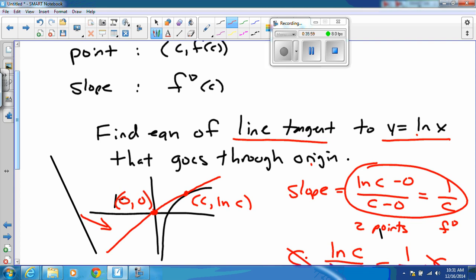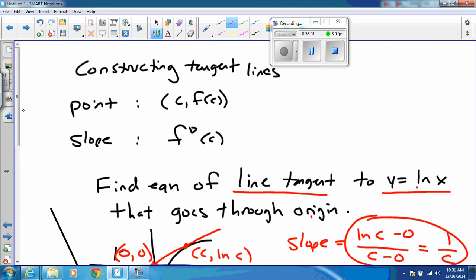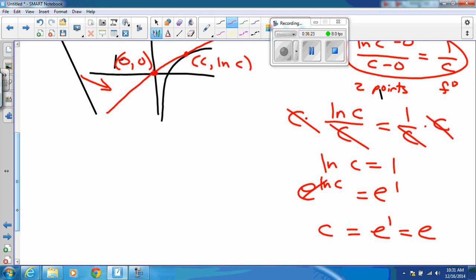Did we answer the question? Do a quick answer test. Nope. We need the equation of the line tangent. So what information do we have here? We know that our point is e comma natural log of e. What is natural log of e? 1. So we have e comma 1. And our slope is 1 over c, or 1 over e in this particular case.